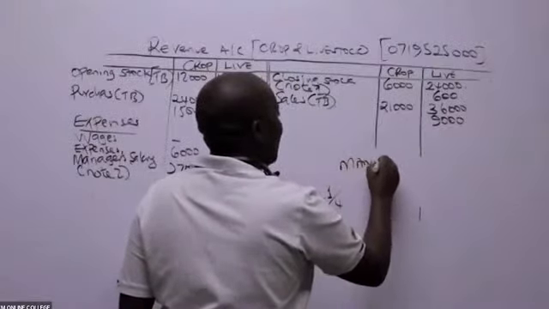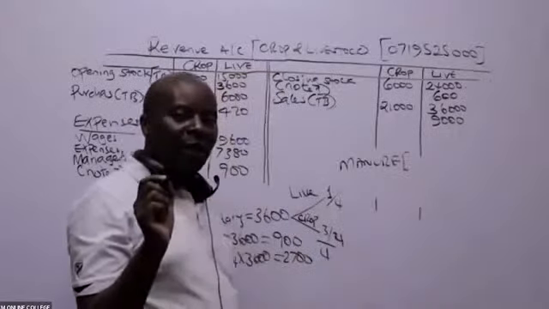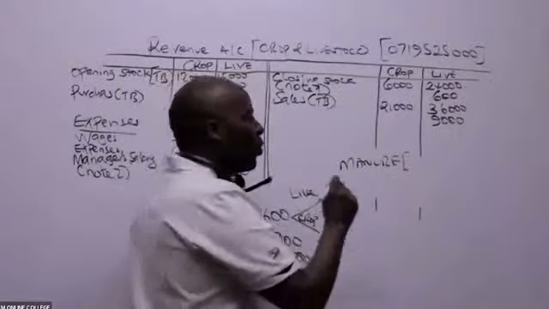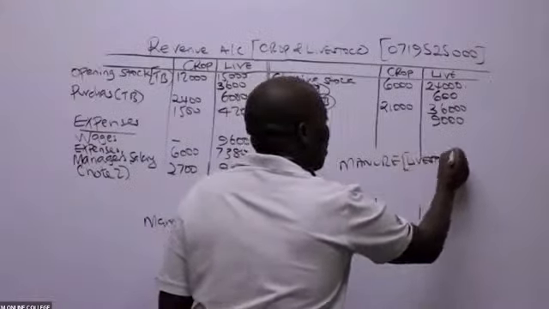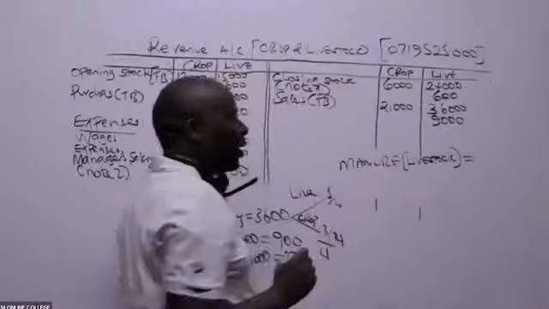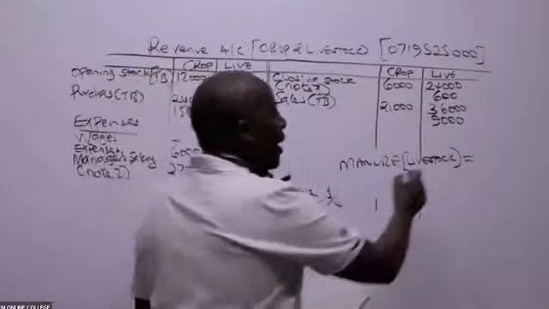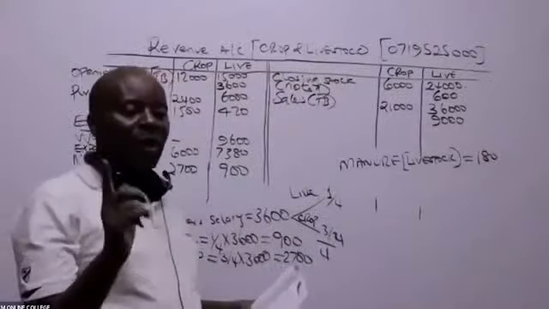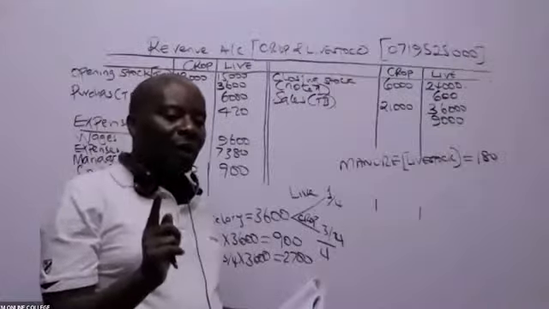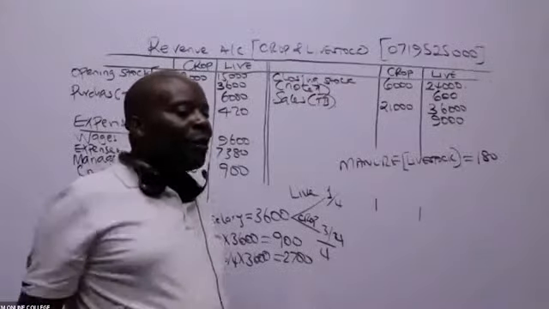So manure. Who produces manure? It is livestock. Manure is from livestock, and this manure is worth 180. Remember our figures, ladies and gentlemen, are in thousands. What happened with this manure?